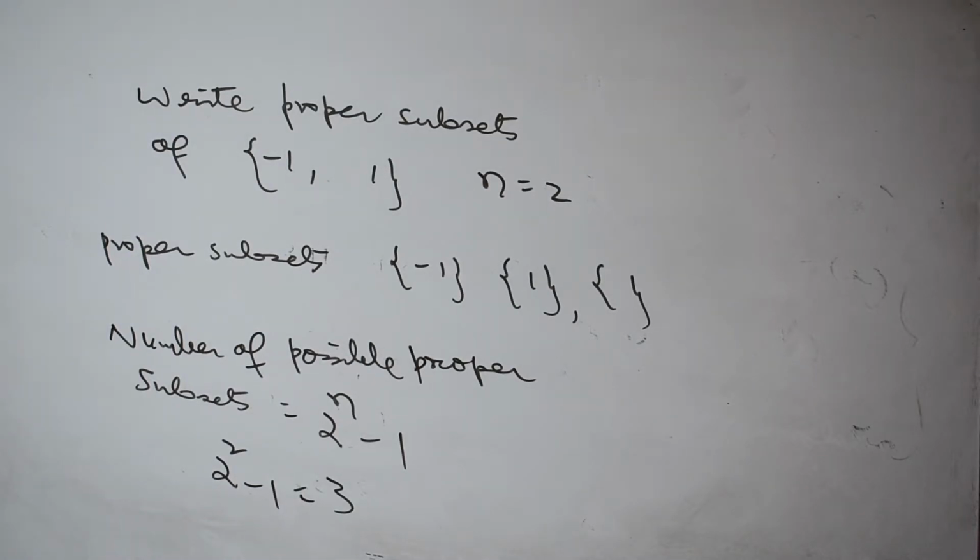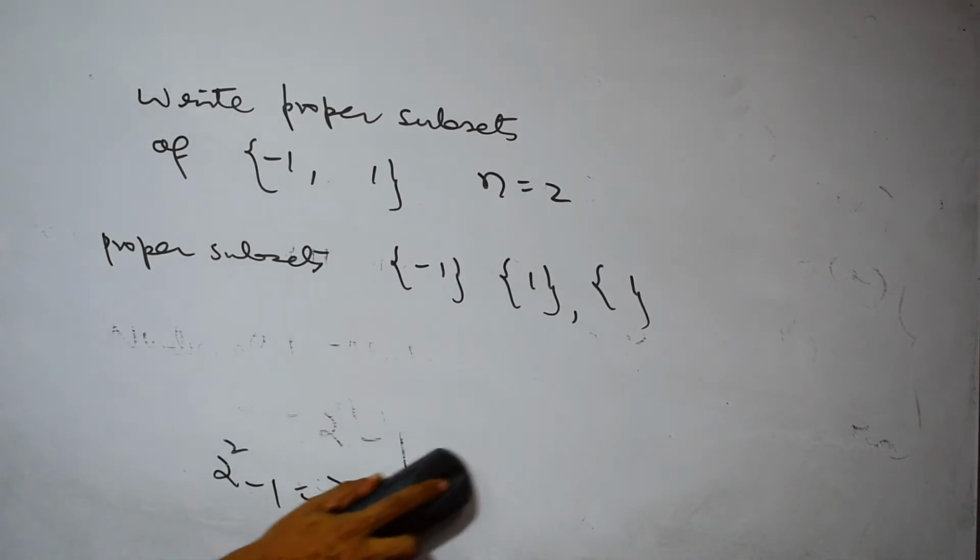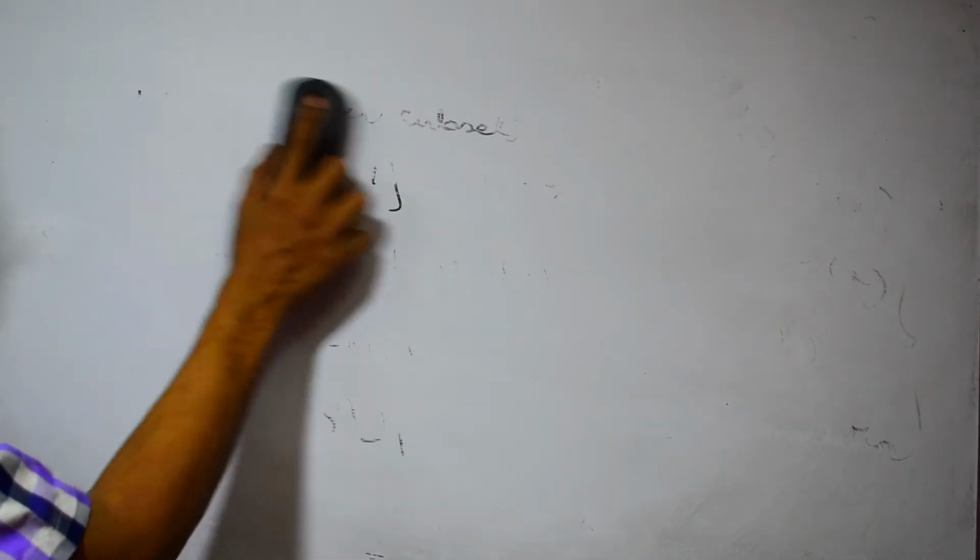So the number of proper subsets will be 2 to the power n minus 1, and the number of subsets will be 2 to the power n only. So this is the concept of subsets and proper subsets.